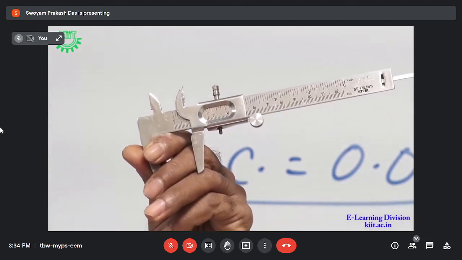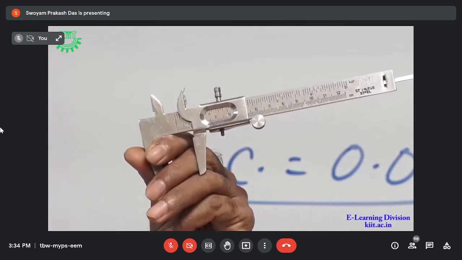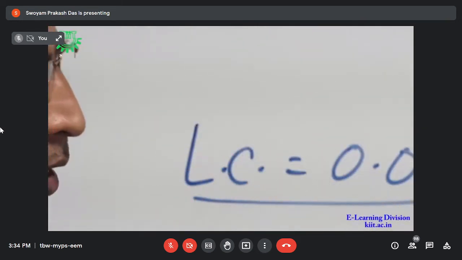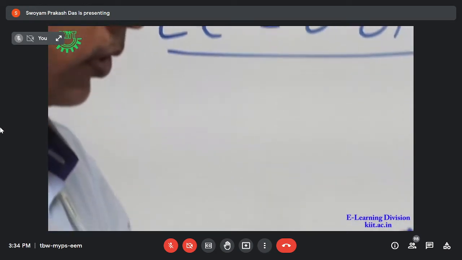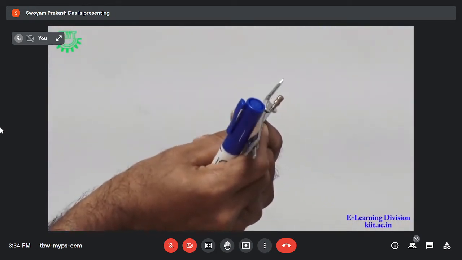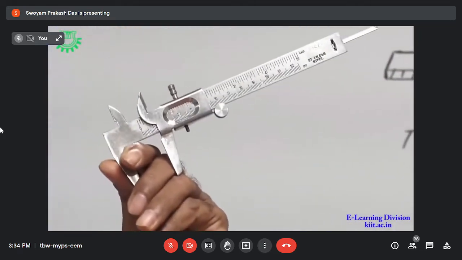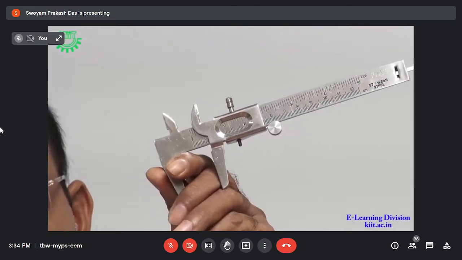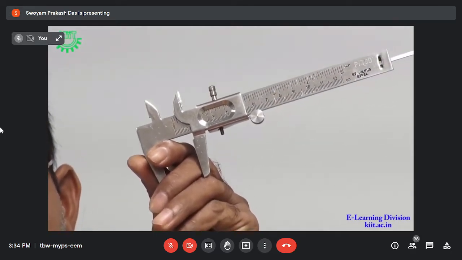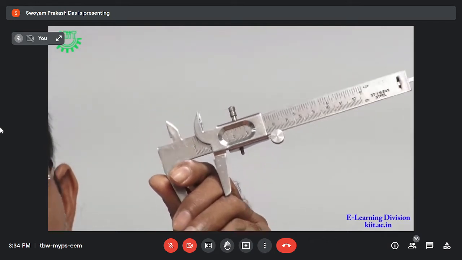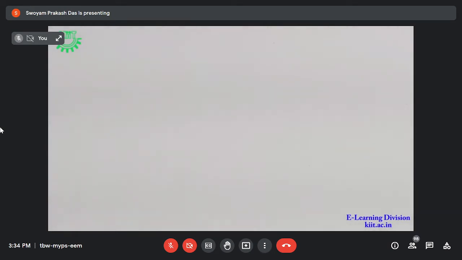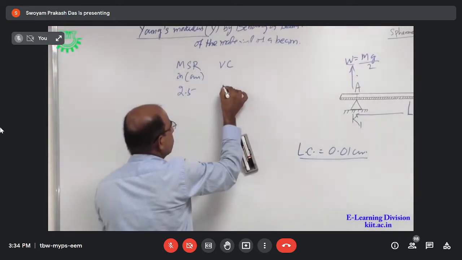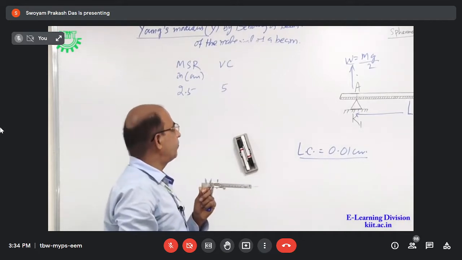That is the vernier coincidence. So here, this vernier coincidence, we can find 5. We can see the 5th line is very much coinciding with a line over the main scale. So this is the vernier coincidence. As it is a number having no unit, we can write 5.